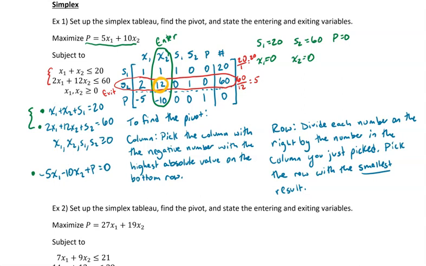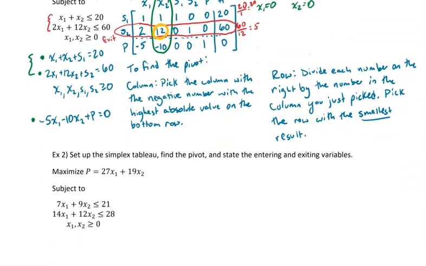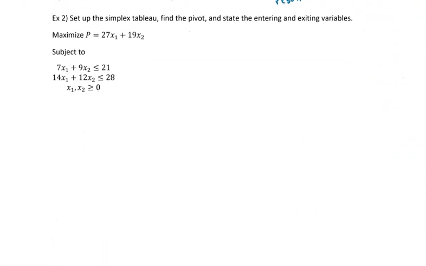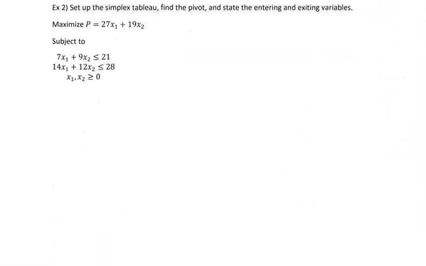All right, let's try just the setup again though, and finding the pivot and stating those entering and exiting variables. So example 2, set up the simplex tableau, find the pivot, state the entering and exiting variables. So remember, first thing, turn the inequality system into an equation system. So we're going to have 7x1 plus 9x2 plus s1 equals 21.